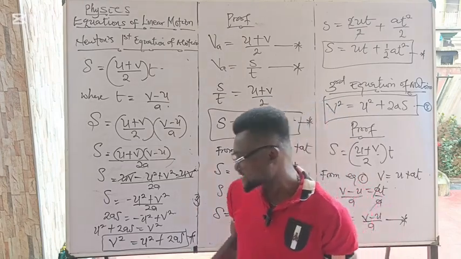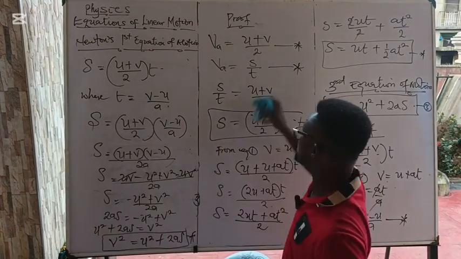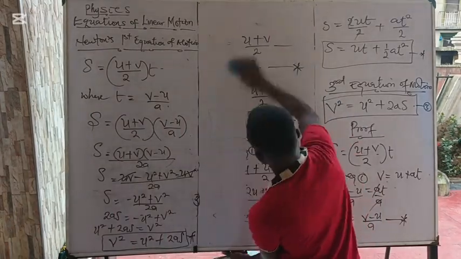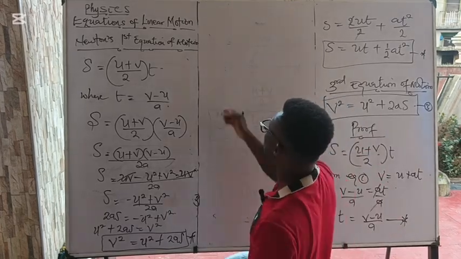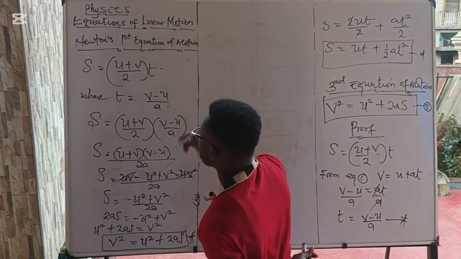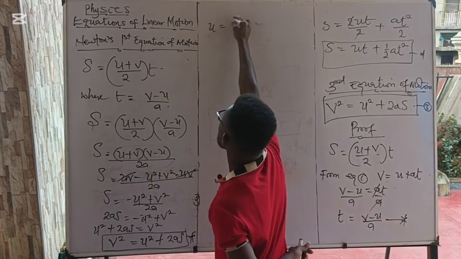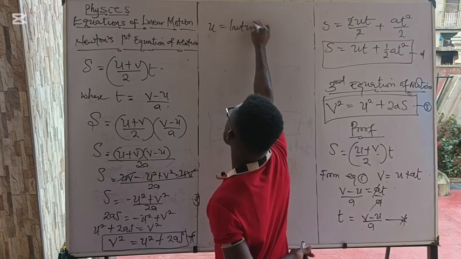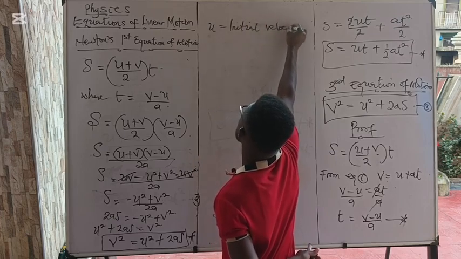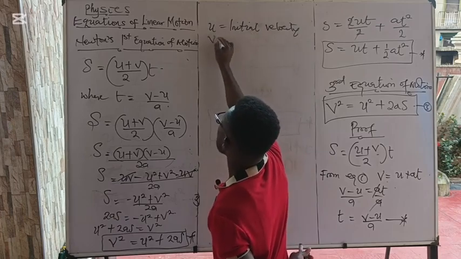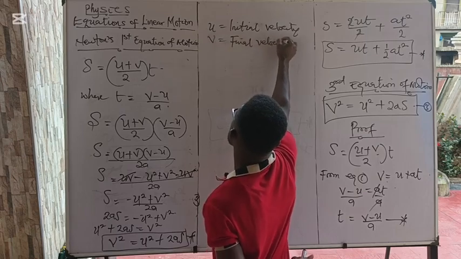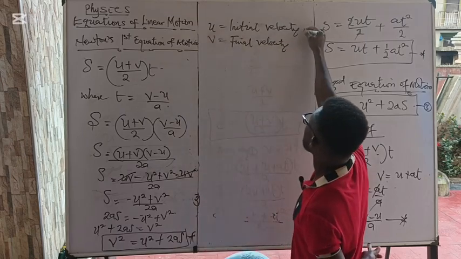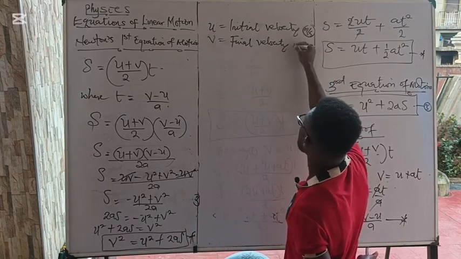But before you do that, there are things I would like you to note well. From the formula we have 5 parameters in general. We have u, which is initial velocity, we have v, which is final velocity. Remember, velocity is measured in meters per second.